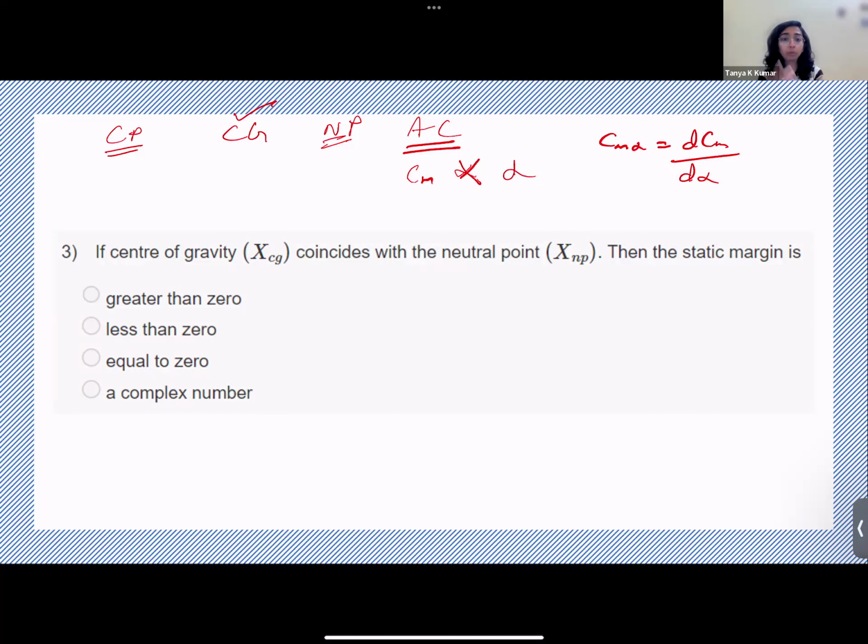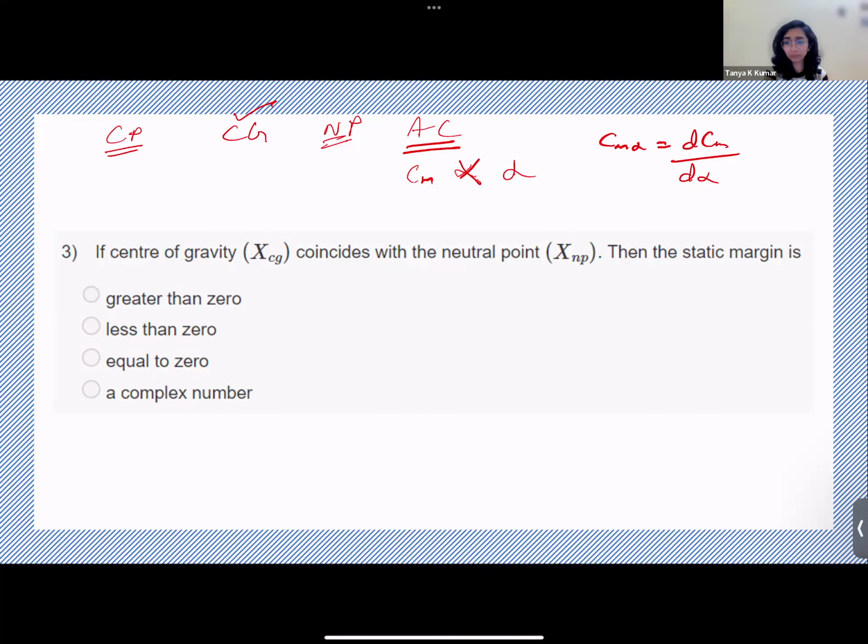Now tell me what is a static margin. Somebody had earlier said it's the difference between CP and CG, the distance between CP and CG.